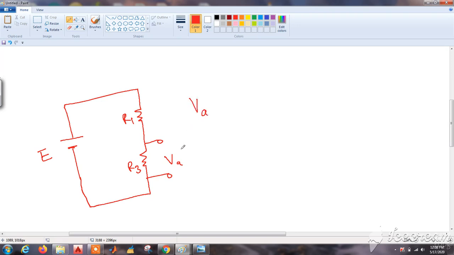Let's apply the voltage division rule. VA is equal to the total voltage across the branch, that is E, times the resistance across which VA appears, that is R3, divided by the total resistance, R1 plus R3, because they are connected in series. So this is the voltage VA.